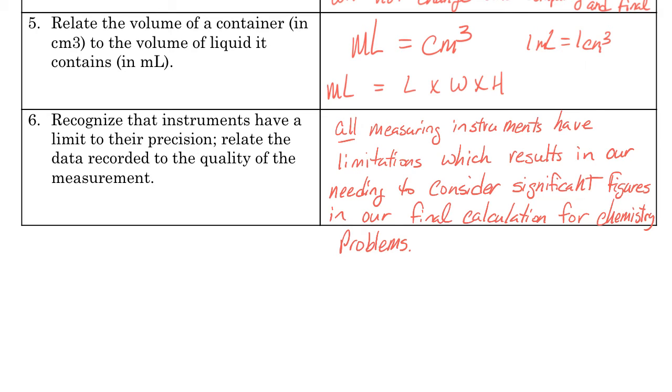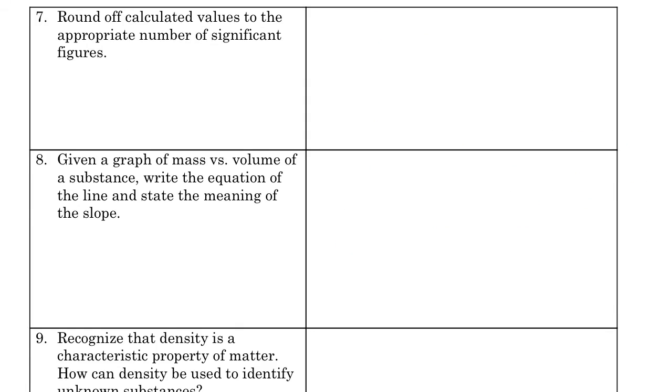Because all measuring instruments have their limitations, we have to consider the significant figures when we're doing our calculations in chemistry problems. It's different than in math, where you're not concerned with what measuring devices were used. Whenever you're doing science, we want to reflect, hey, what kind of device was used to measure this, and how accurate can we be in reporting our results.